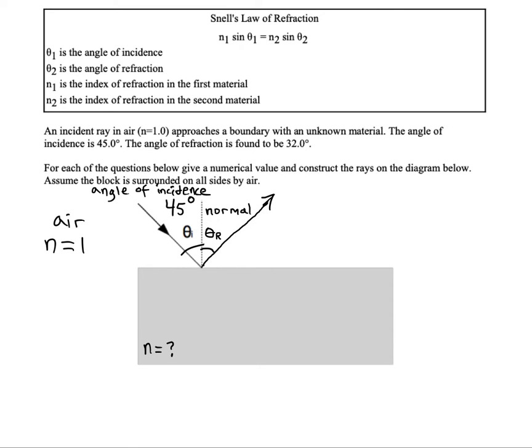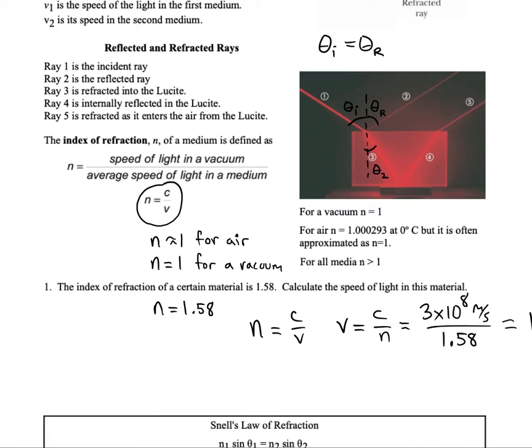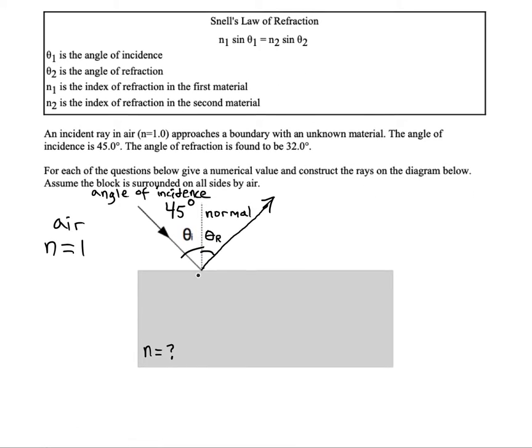In order to sketch the angle of refraction, what we want to do is we just want to extend the normal so that it goes into the block. And then we want to measure the angle that the normal makes with the refracted bent beam. That angle is often called theta 2. Alright, so let's extend the normal.